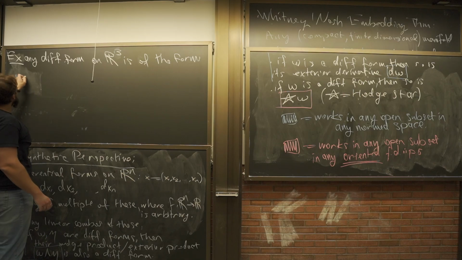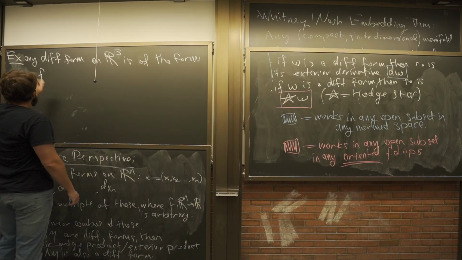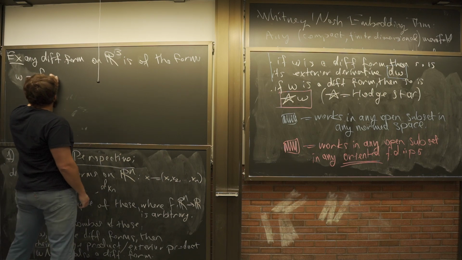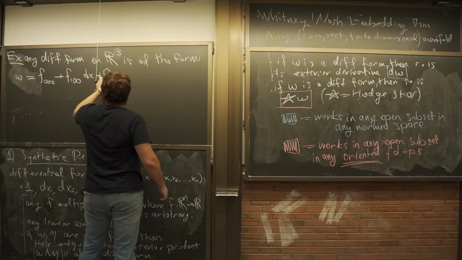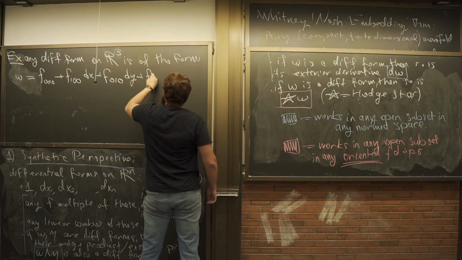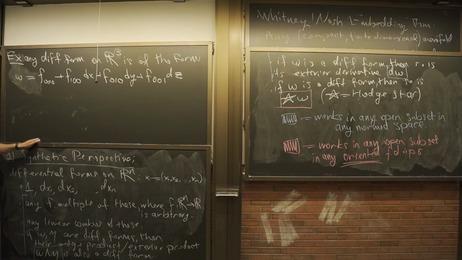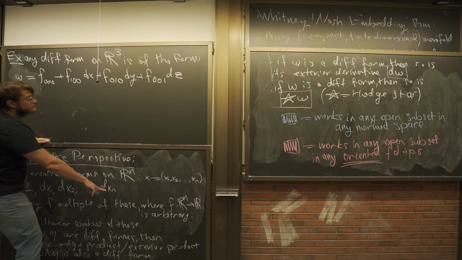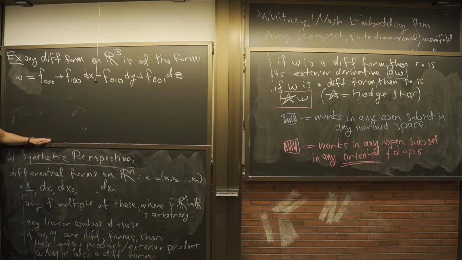It is of the form omega equals f0,0,0 plus f1,0,0 dx plus f0,1,0 dy plus f0,0,1 dz. Okay. I just took these guys, multiplied all of these by some functions. That's allowed. I can take their linear combination. That's allowed. But we're not done yet.